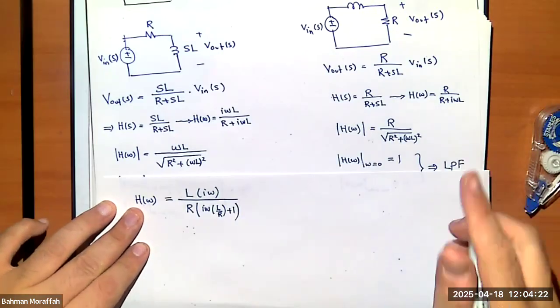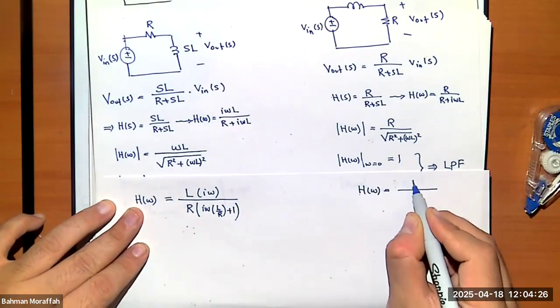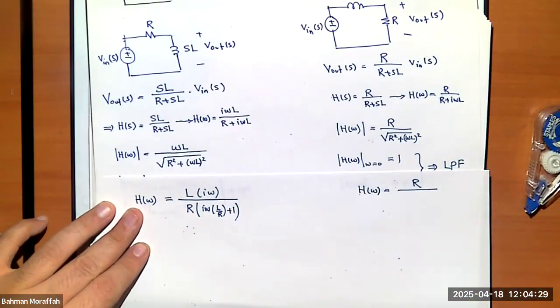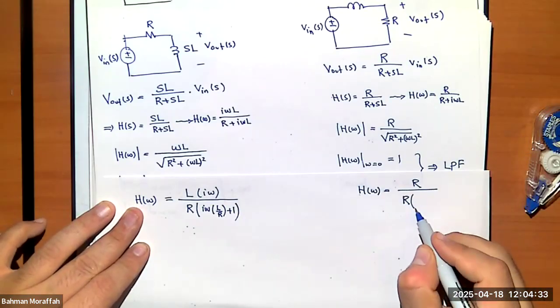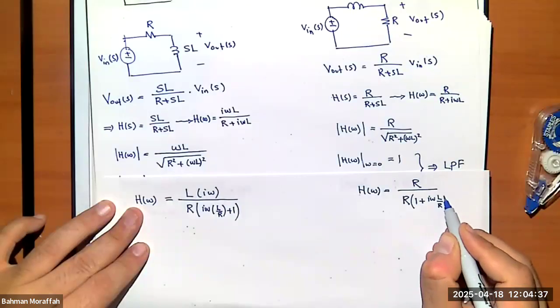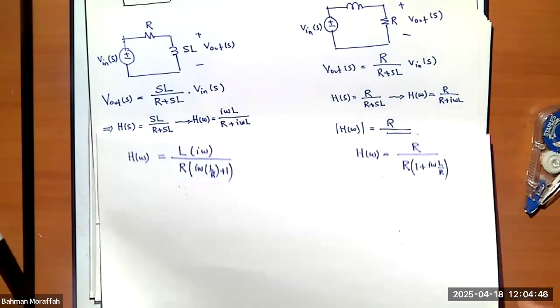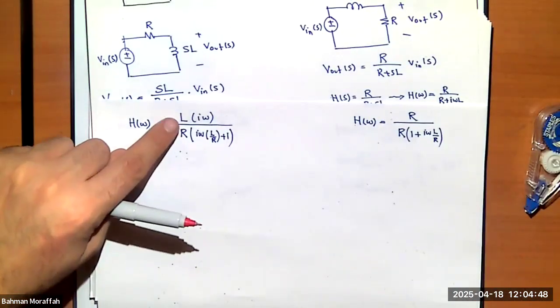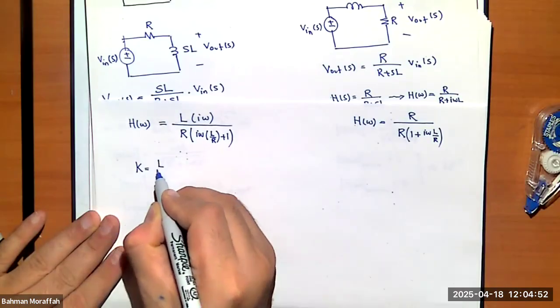Right? This one is quite easy. The numerator is simple. It's R. The denominator, again, I don't like this R, so I'm going to factor it out. So I have 1 plus jωL over R. Right? What is my constant here? Well, obviously, my constant is L over R. Right? So my constant here is L over R.